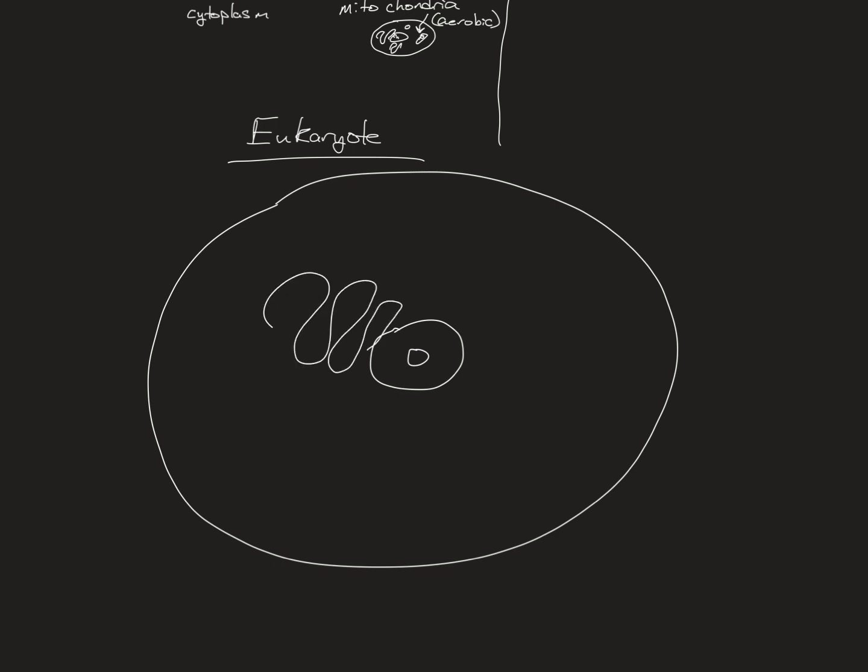You have ribosomes that are on the endoplasmic reticulum, that would be part of the pathway for proteins that are leaving the cell. You have vesicles. You have a Golgi body that has vesicles on it.